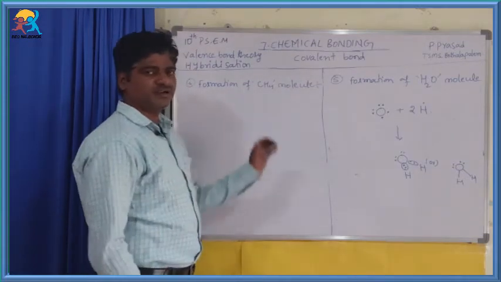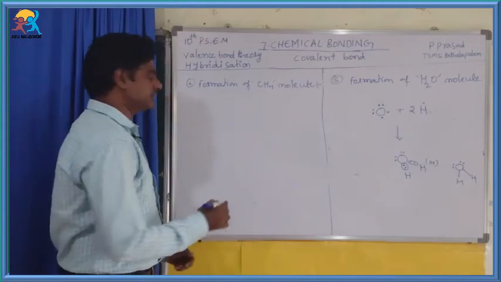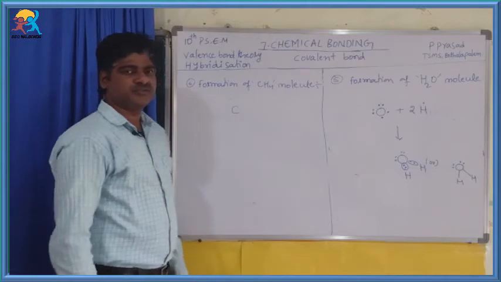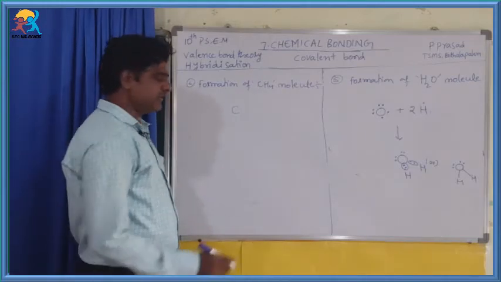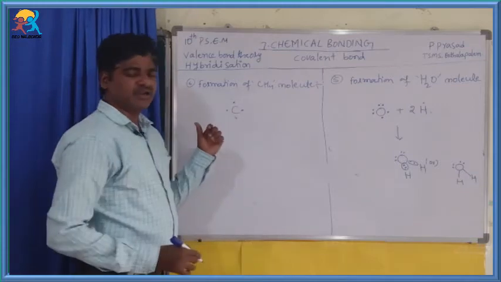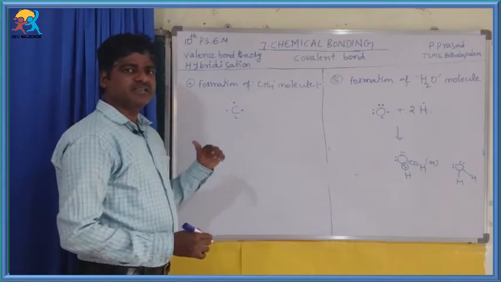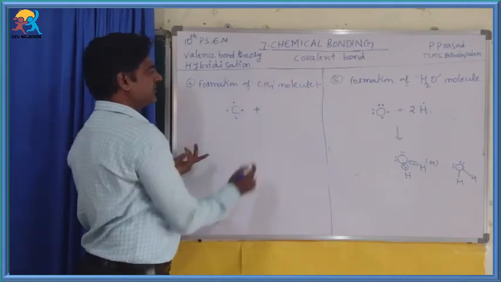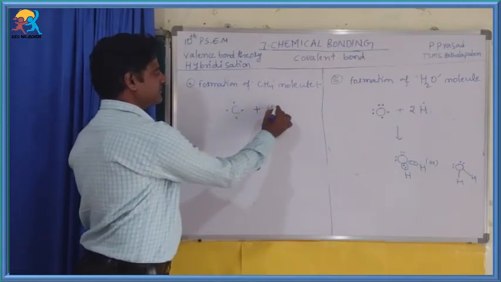So what is the central atom in the CH4 molecule? The central atom is the carbon atom here. So the carbon atom belongs to the 4th A group, meaning it consists of 4 valence electrons. To get the octet, it requires 8 electrons in the outermost shell. So how many hydrogen atoms are there? 4 hydrogen atoms are there.